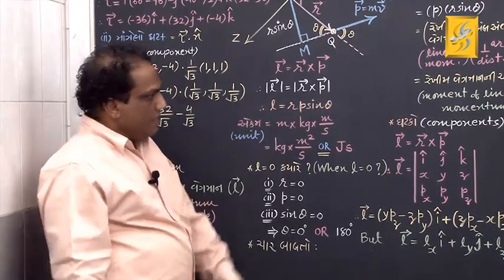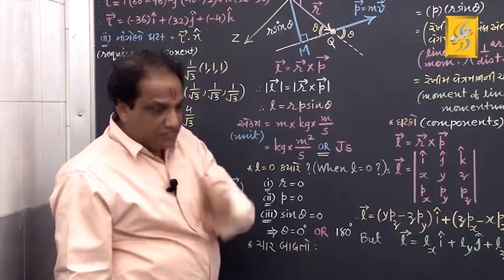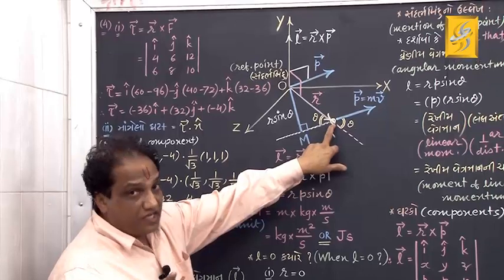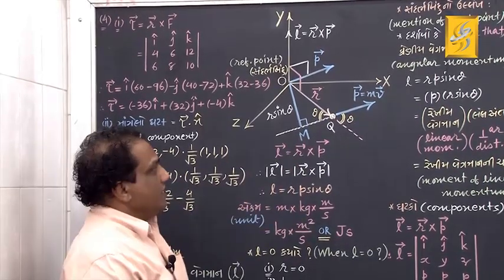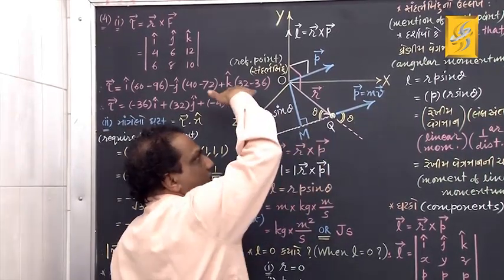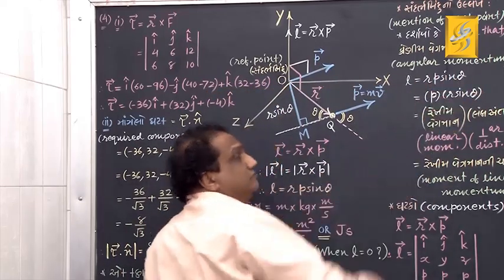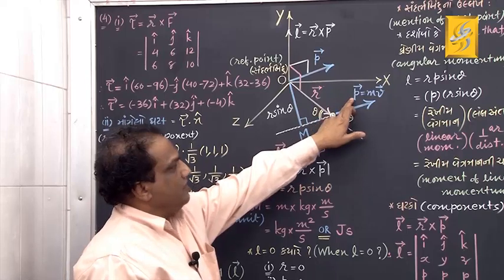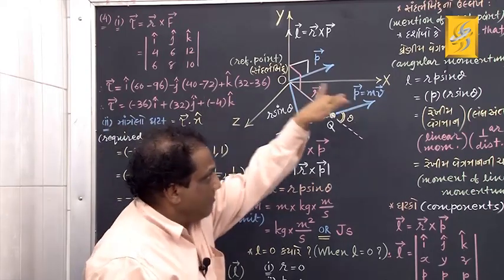Correct? Remember 4 points. First, it is not necessary that this particle must be of a rigid body. It is not necessary to take that particle every time in the horizontal plane. It is not necessary that the direction of linear momentum must be in the horizontal plane.